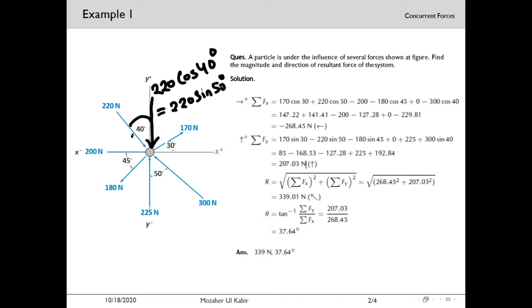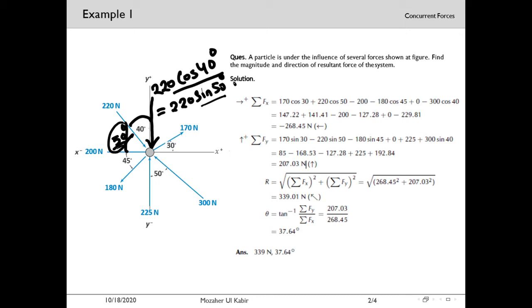Because this angle of 50 degree is with the horizontal component, but we need to calculate the vertical one, so as we are using 50 degree, it will be sine 50. But while we are using the angle with the component which we are calculating, it will always be cos, so we can use either cos 40 or sine 50.